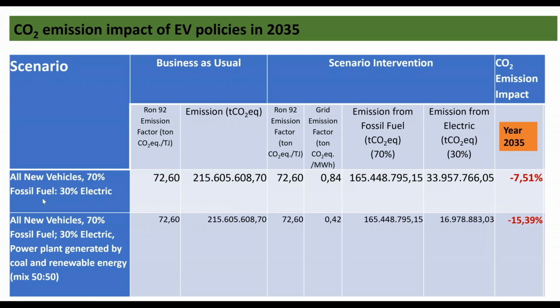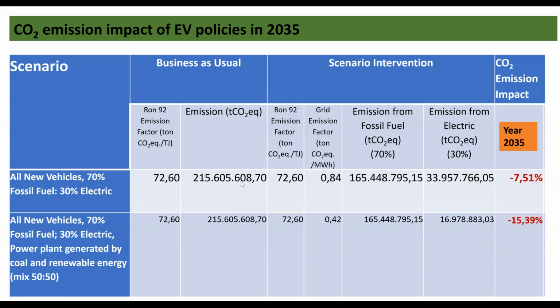So this is the result for our EV policy. This is the business as usual result, and this one is the scenario intervention with the EV policy. So we can have a look here at business as usual.